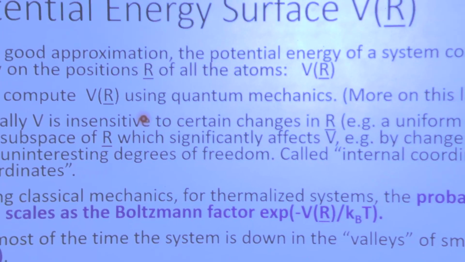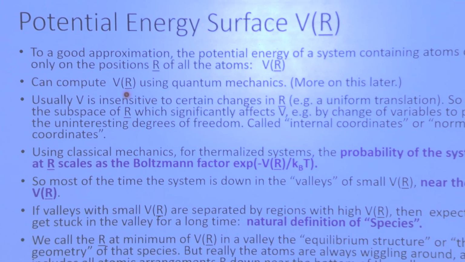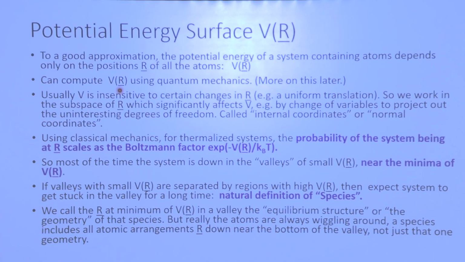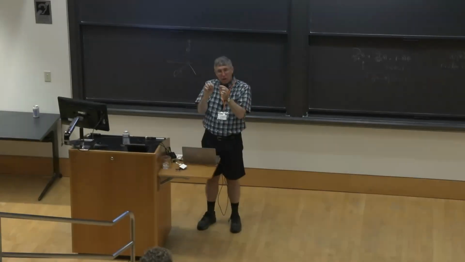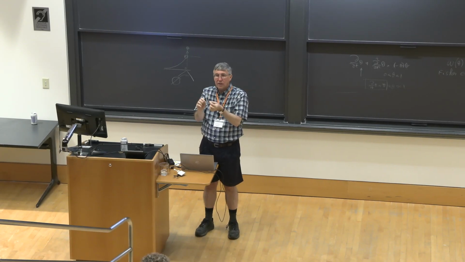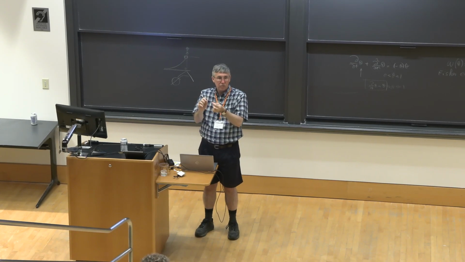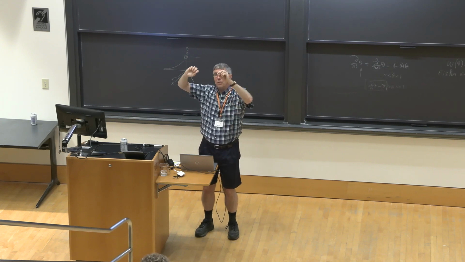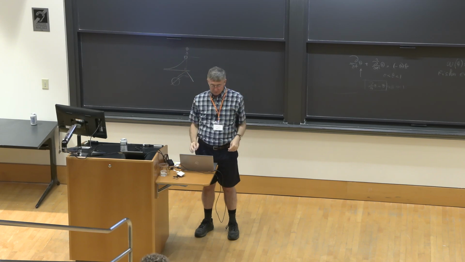And you can compute this using quantum mechanics and get this number. And then you can vary the R. You can move the atoms and recompute it and see if the energy is going down. There are typically some regions where they all give very low values of the energy and they're down in the valley. They're the stable geometrical arrangements. And then there are ones that are higher, the unstable arrangements of the atoms, and they have much higher energies.